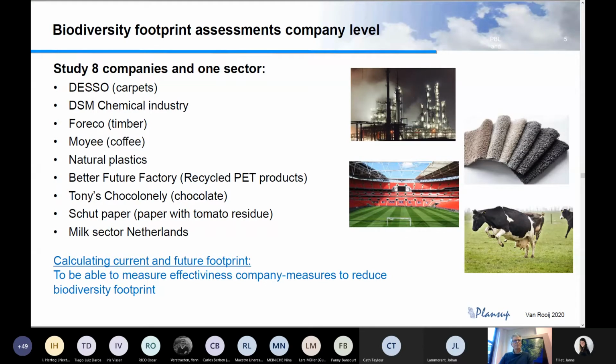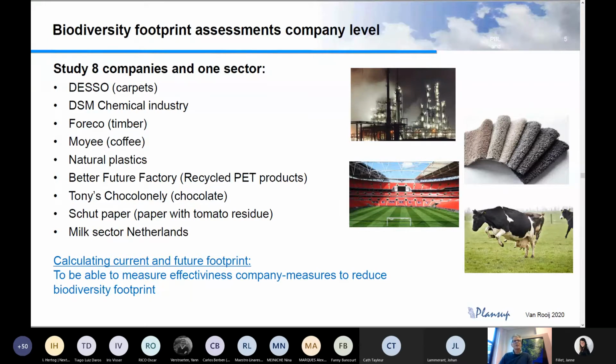Better Future Factory, they recycle all kinds of plastic for pet products. Tony's Chocolonely, well known for its chocolate and looking at social welfare of the people and slave-free, as it started with. Schut Paper, they try less residue from trees, but using residues from tomato production, which is normally thrown away.